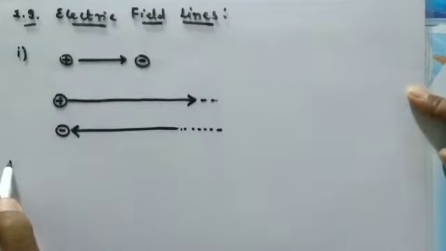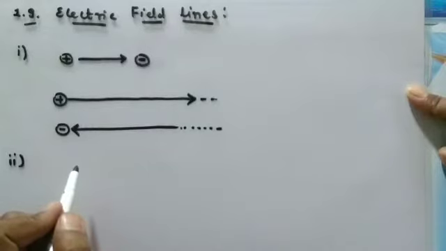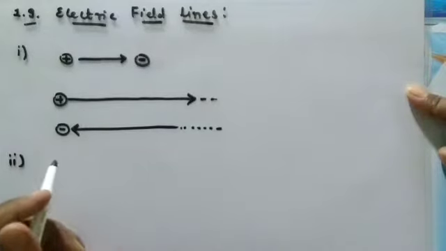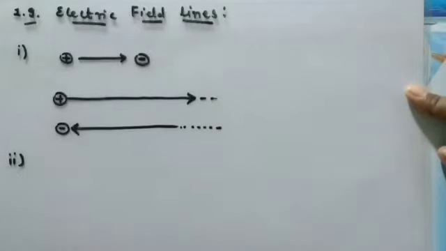Now second property: if there is a charge free region, that means there is no charge. Now no charge means consider that the charge is at infinity, very far away.